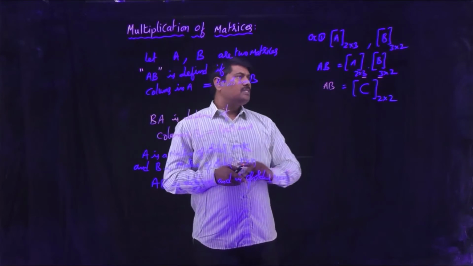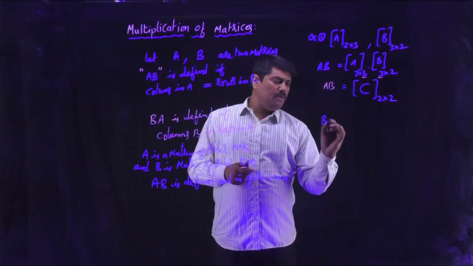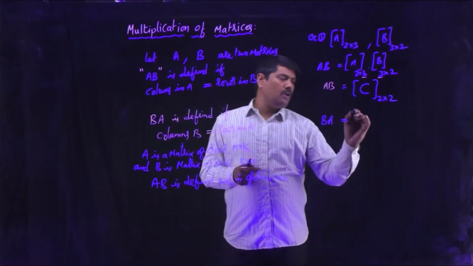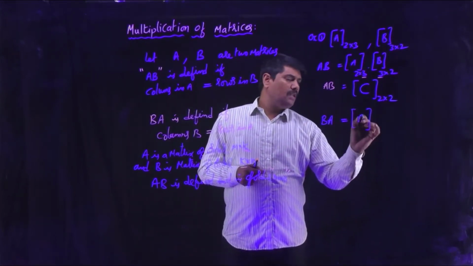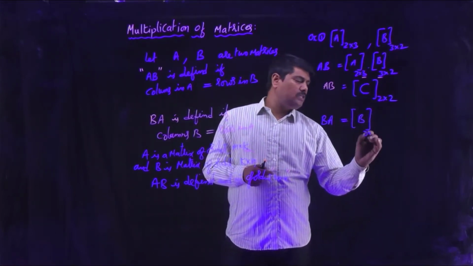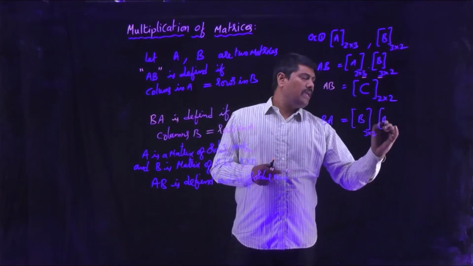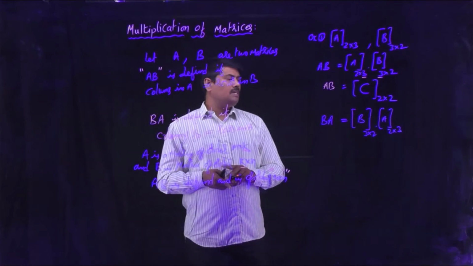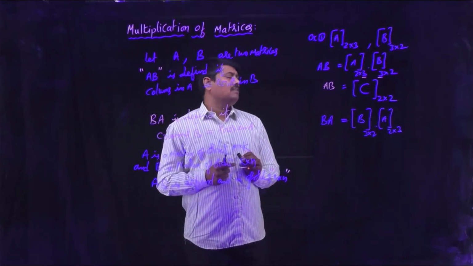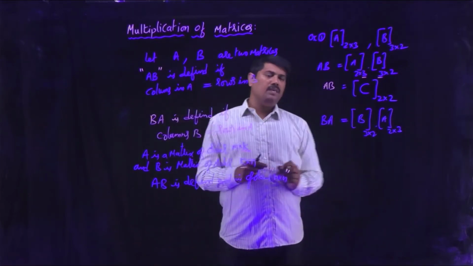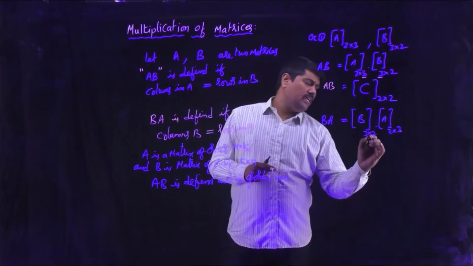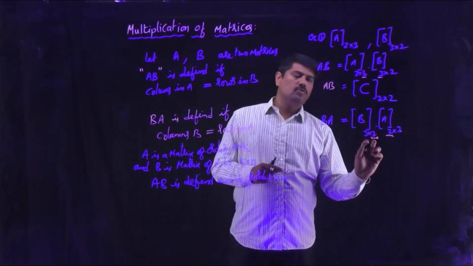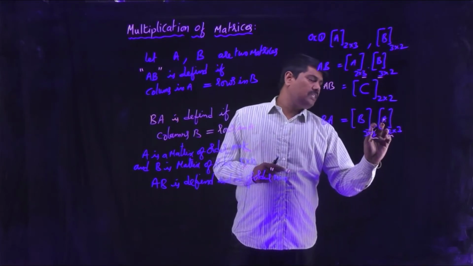Now try, is BA possible? Is B into A possible or not? Observe here. Consider B is a matrix of order 3 by 2 and A is a matrix of order 2 by 3. Is the product of B with A defined or not? We can say yes, because columns in B is 2 and rows in A is 2.